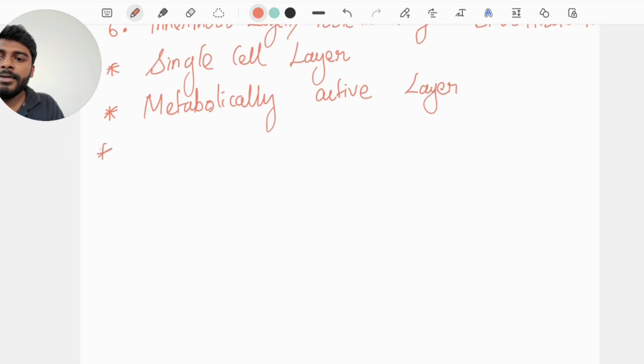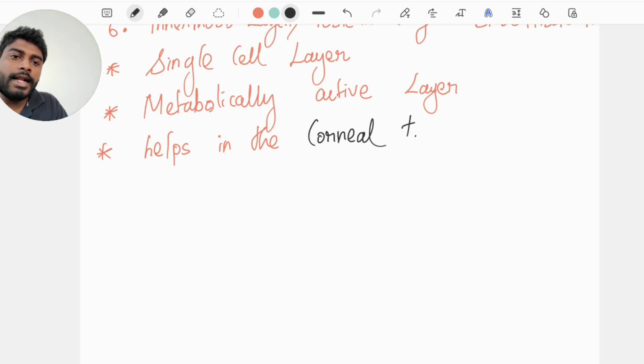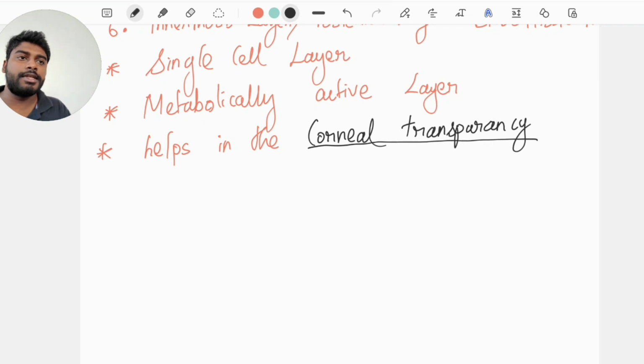This layer helps in corneal transparency. It helps in corneal transparency by maintaining two main functions.